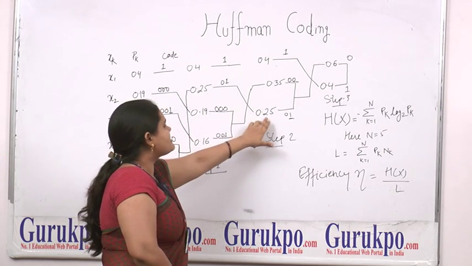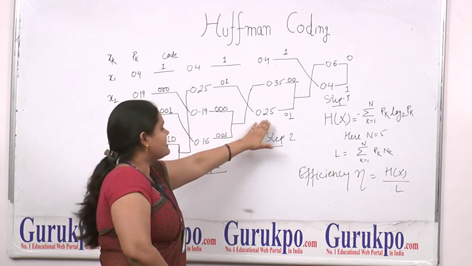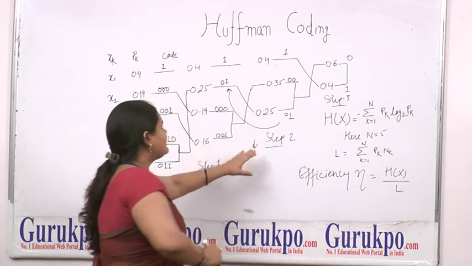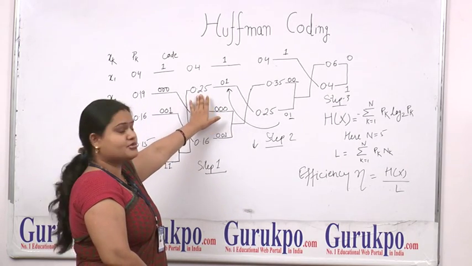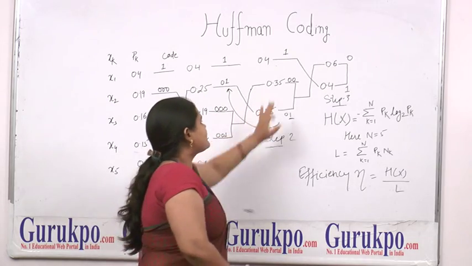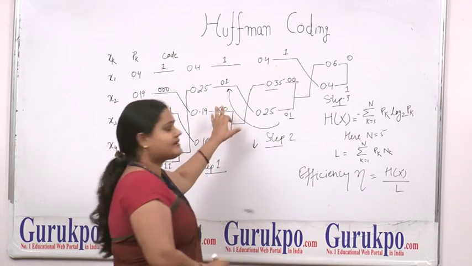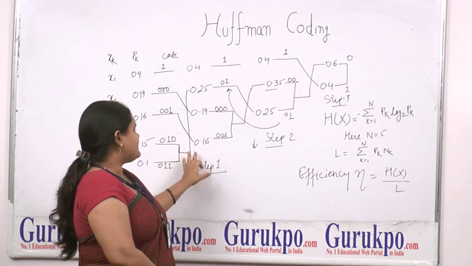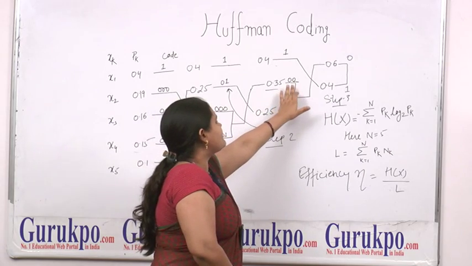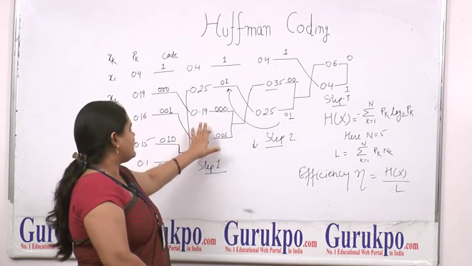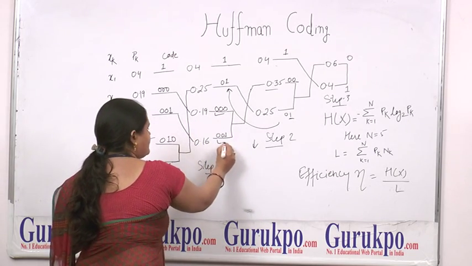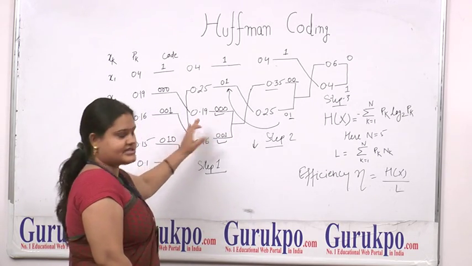Here 0.25 is not added in any step, so we carry it directly to the last message signal. The next, 0.35, comes from the addition of 0.19 and 0.16, so we assign the code 00 and 01 to 0.19 and 0.16.